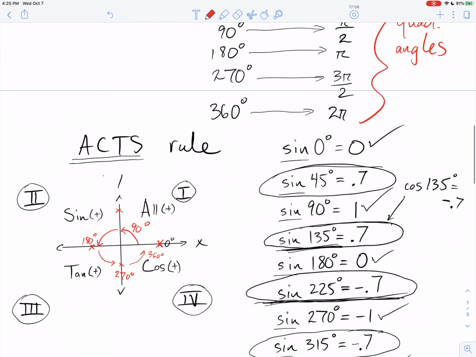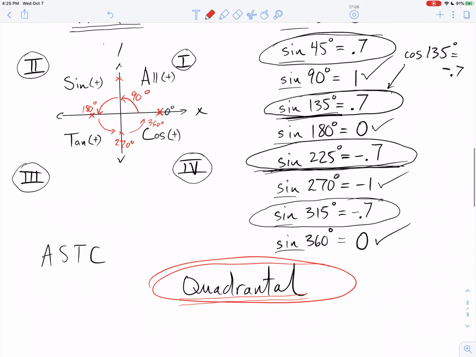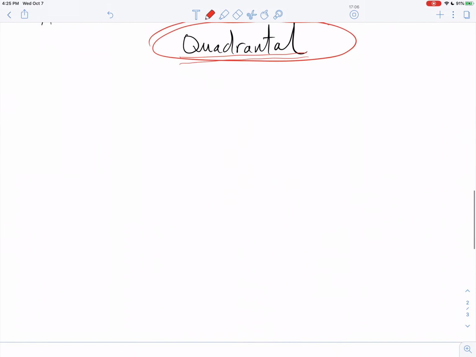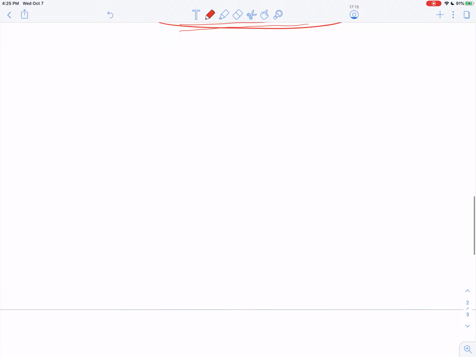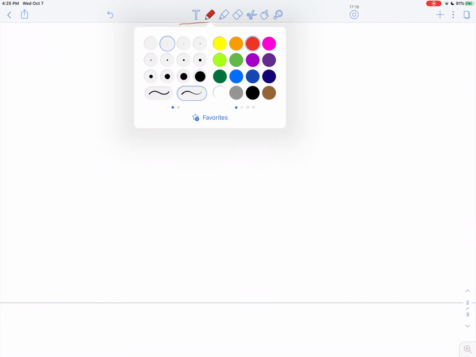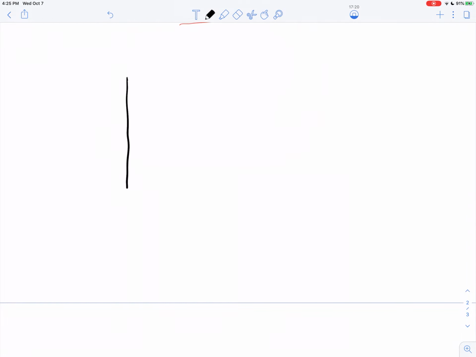Now, the one thing that I haven't mentioned yet, but I'm going to have to do in the next video, has to do with negative angles. So let me just quickly draw a little thing here. If I have a coordinate system, and I start here at 0 degrees, and they tell me to draw a negative 90-degree angle, that would put me right on the line here.